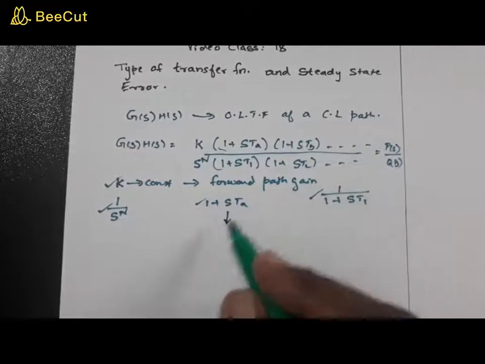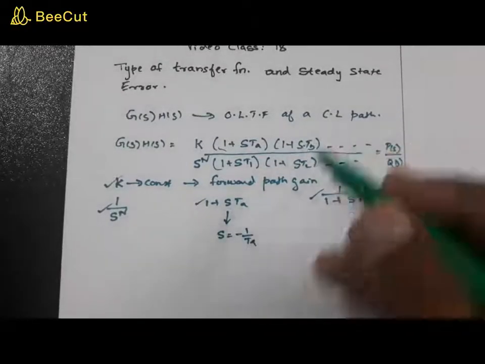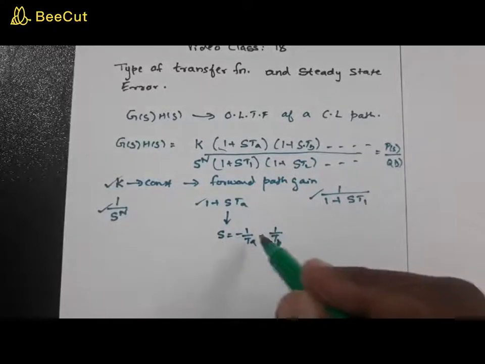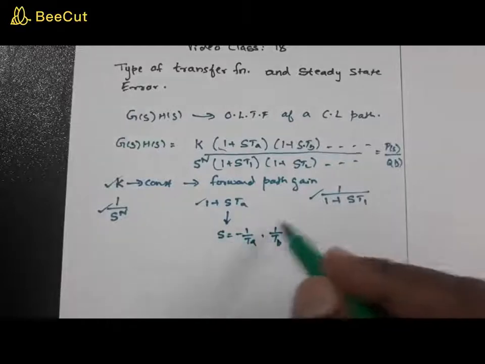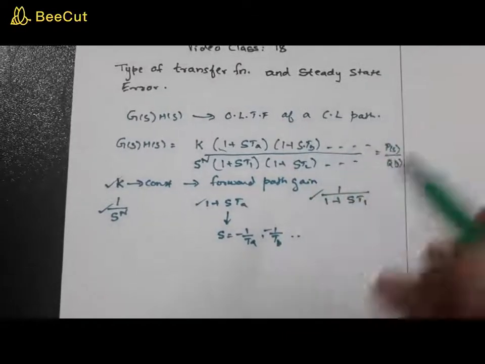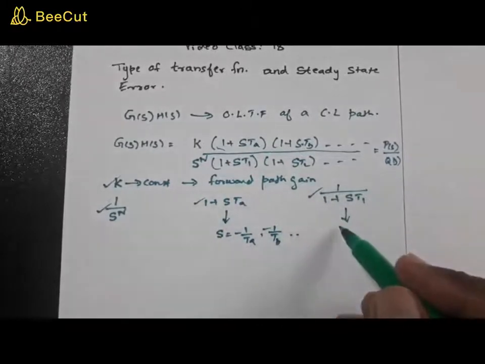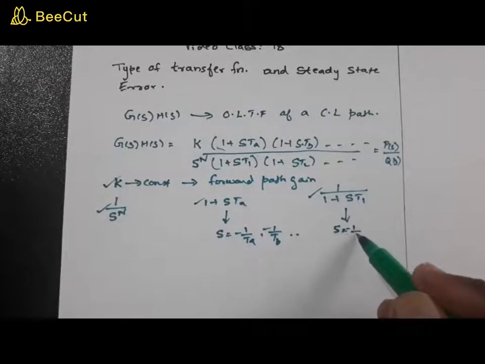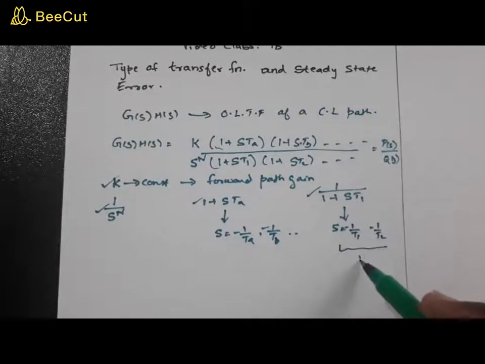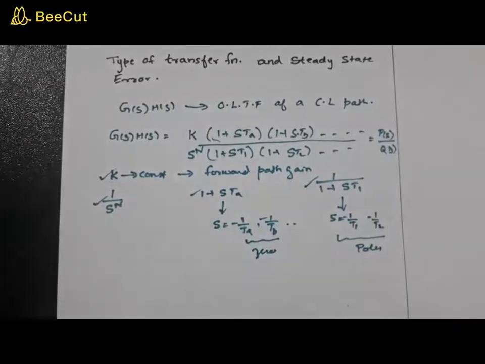From this, when you equate the numerator terms to 0, you will get s equal to minus 1 by Ta, minus 1 by Tb, etc., as you equate every term. Similarly, when you equate Q(s) to 0, you will get minus 1 by T1, minus 1 by T2, and so on. So these are called the poles, and these are called the zeros. Okay, all these things you know.